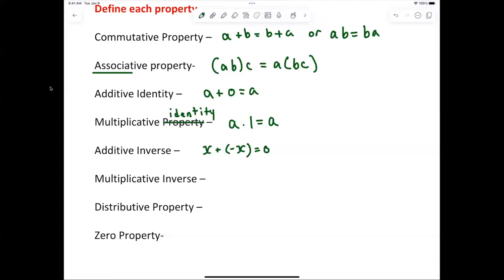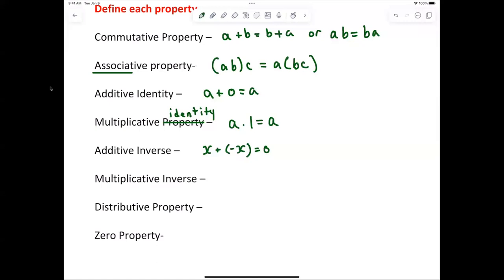Now that you've seen the additive inverse, you should be able to talk to me about the multiplicative inverse. What was that? That would be x times -x. Not quite. That would be the 0 property. How do I cancel out multiplication?